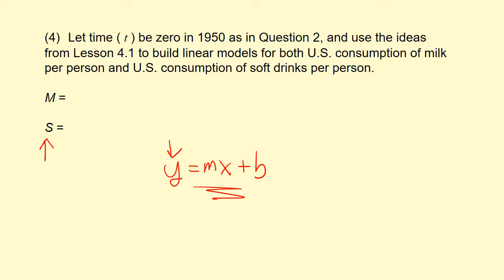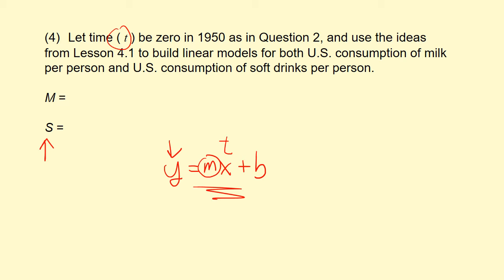And the slopes are what you calculated way back in number 1. This x is going to be t, because that's my input value, the number of years that have gone by. So this is going to be t. And b, remember, is the starting value or the initial value or the output when the input is 0.